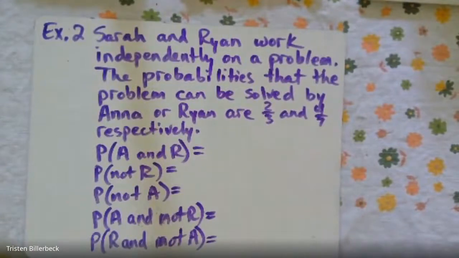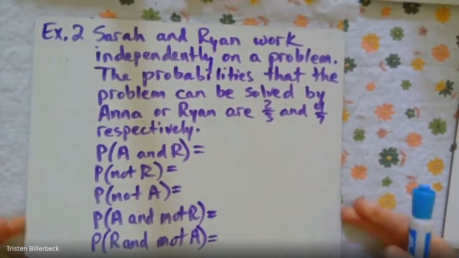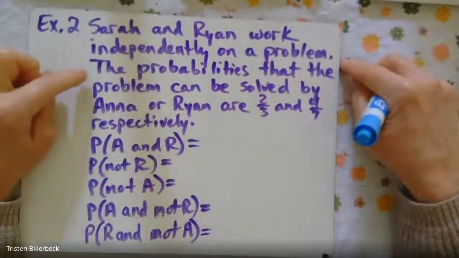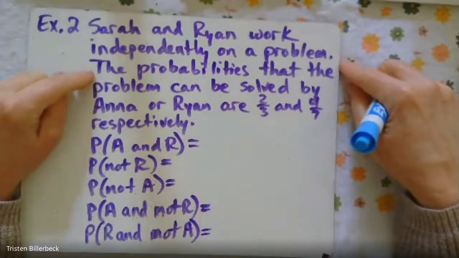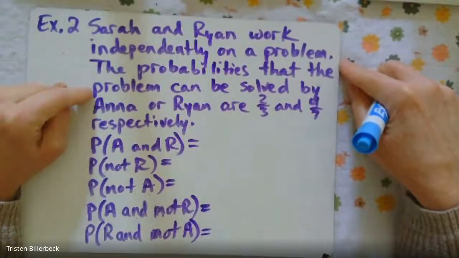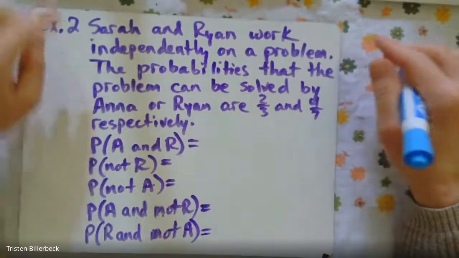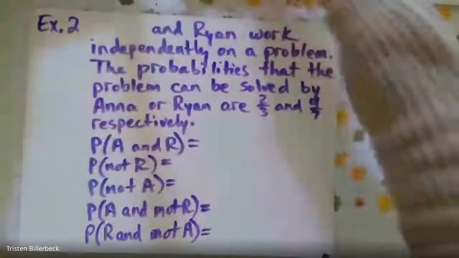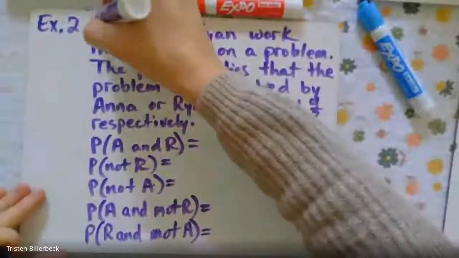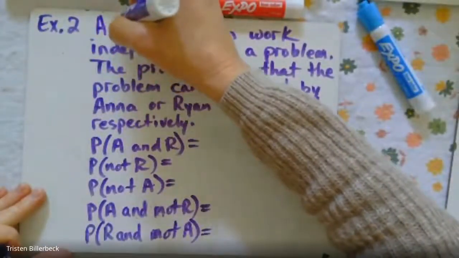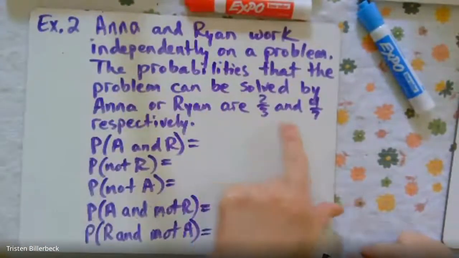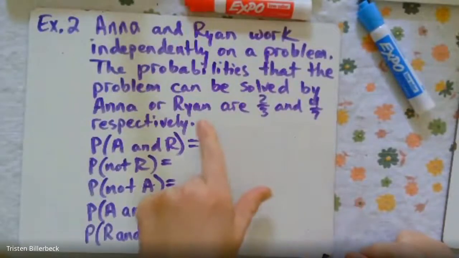All right, so now we have Anna and Ryan, and they work independently on a problem. The probabilities that the problem can be solved by Anna, whoops, I switched names, didn't I? So we're going to do Anna here. Or Ryan are 2/3 and 4/7 respectively.